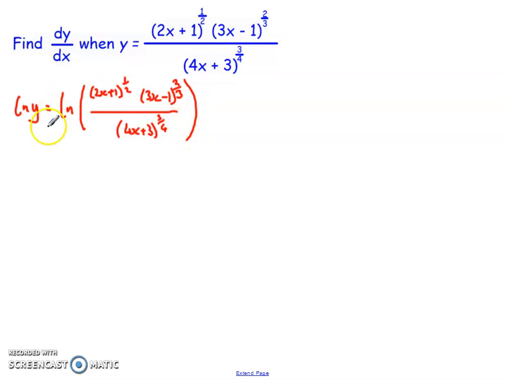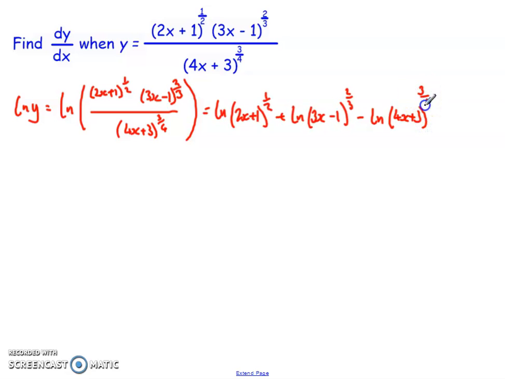Well, what I can do is use the rules of logarithms to split this bit up here on the right hand side. Because what I can do is make that ln of 2x plus 1 to the half plus ln of 3x minus 1 to the 2/3 take away ln of 4x plus 3 to the 3 over 4.